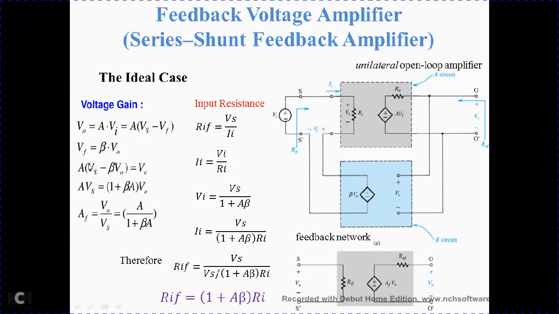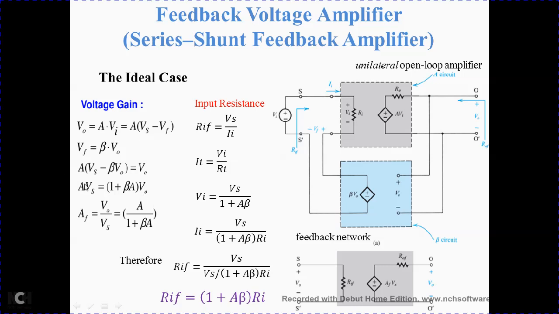So A times (Vs minus Vf), where Vf is beta times V0, is equal to V0. So V0 is on both the LHS and RHS. You please solve for V0, meaning take V0 common, right, and you get A Vs is equal to (1 plus A beta) into V0.